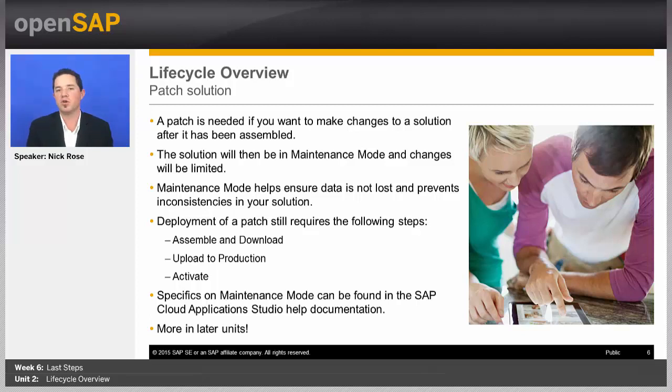So it's important to note that as we go through this life cycle and deploy our solution, we can't deploy back a version. We can only deploy up. If I deployed version 5 of my solution to production and I realize I actually don't like it, or it has a major bug I missed, I can't undeploy it and I can't roll back to version 4 or 3.